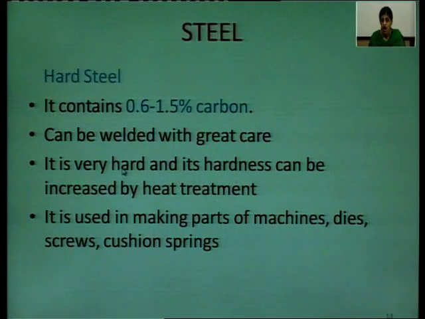It is very hard, and its hardness can be increased by heat treatment. It is already hard because of more carbon, and its hardness can be increased by heat treatment. And this steel is used for making machines, dies, screws, cushions, springs, etc. So, this is hard steel.